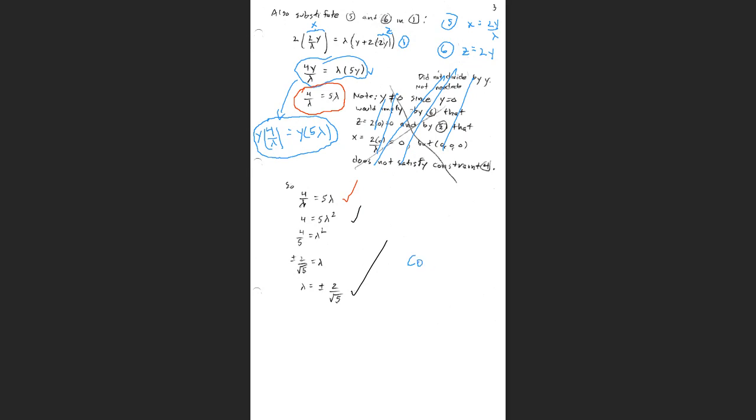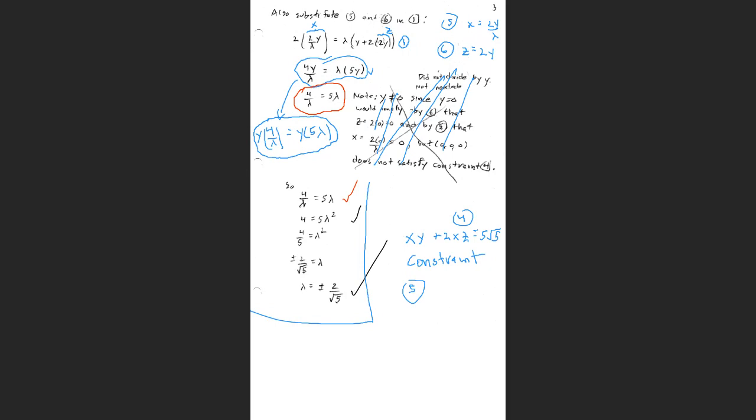The constraint, this is now separate from this. The constraint was x times y plus 2 times xz equals 5 root 5. Okay, that was the constraint. And let's remember, that was equation 4.